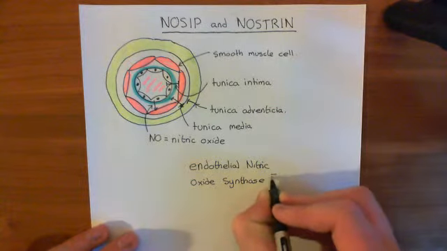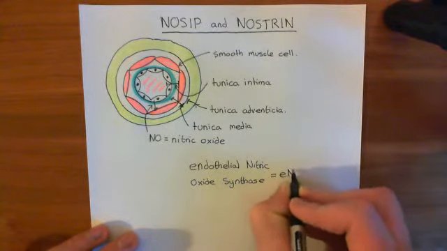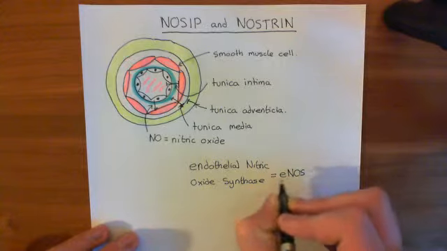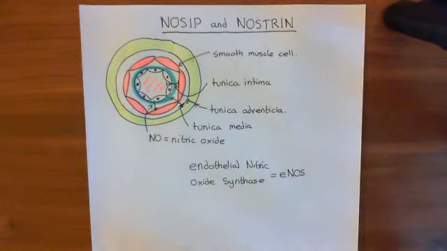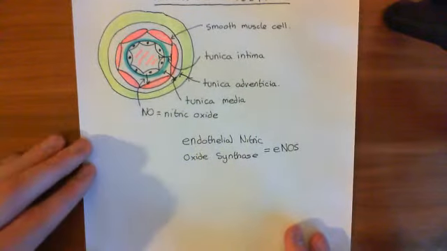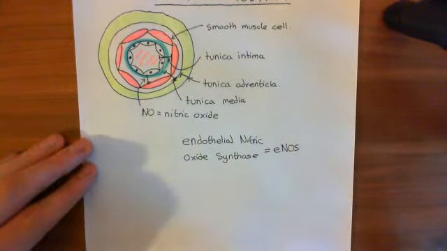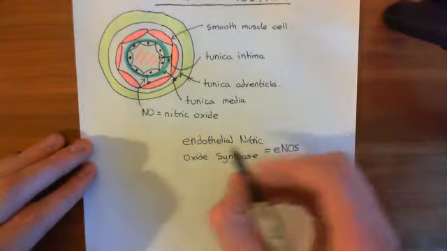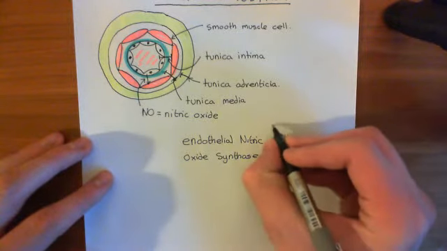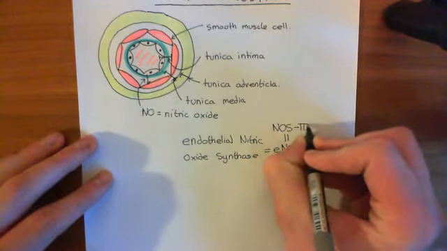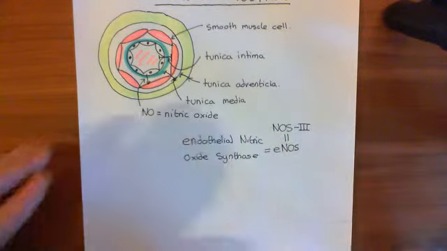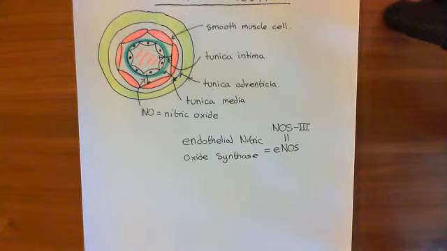Now, more correctly, it should be called nitric oxide synthase 3, because it's found in many other places than just the endothelial cells. So more correctly, this is NOS3, nitric oxide synthase type 3. Okay, but everyone usually refers to it as eNOS.